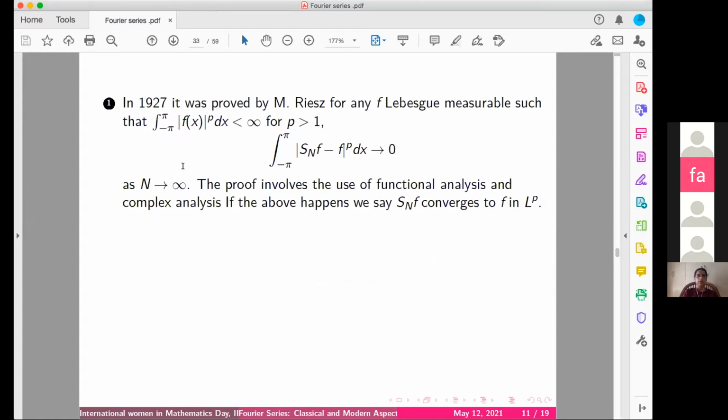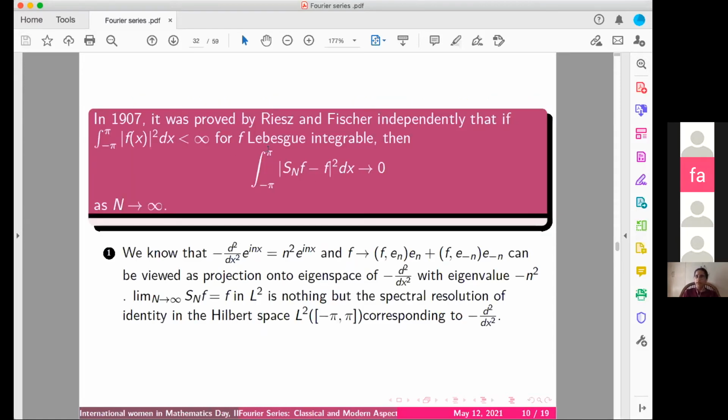Okay. Now, just the L2 theory is fine, because of the orthogonality properties of these e_n, it's still possible because of this L2 thing. Now, mathematicians were not satisfied with just L2 average convergence.